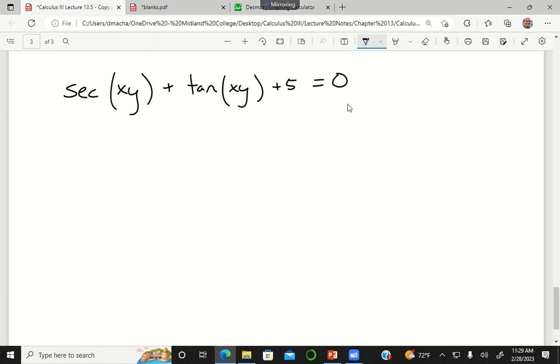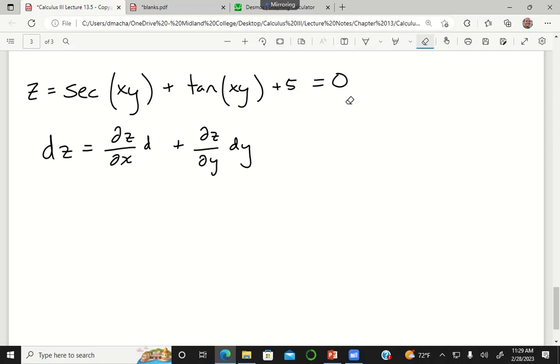We're going to set z equal to all of this. And then dz, my total differential, is going to be partial z partial x dx plus partial z partial y dy. And then since we're trying to find dy dx, I have to rearrange this equation until I can get dy over dx.